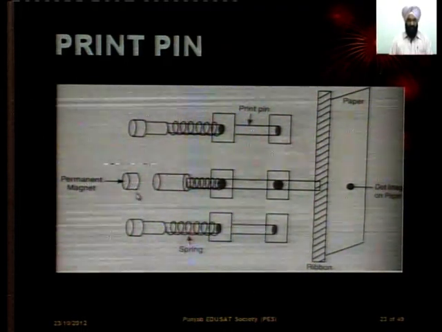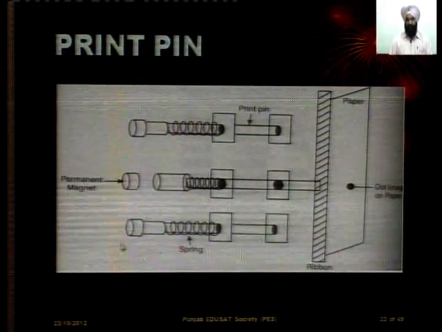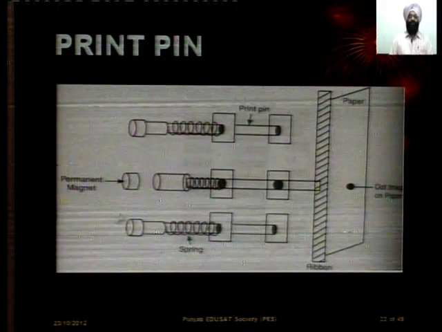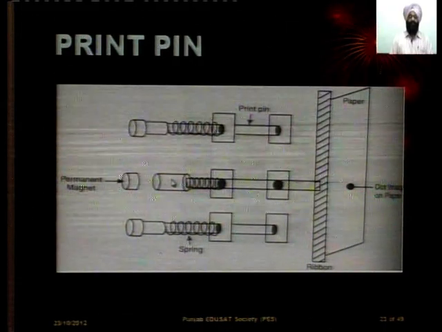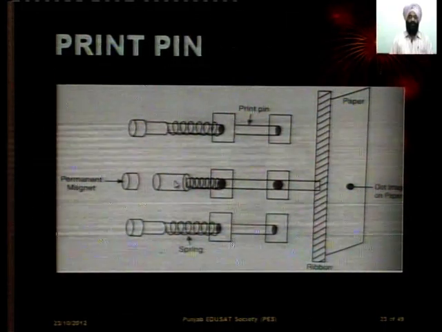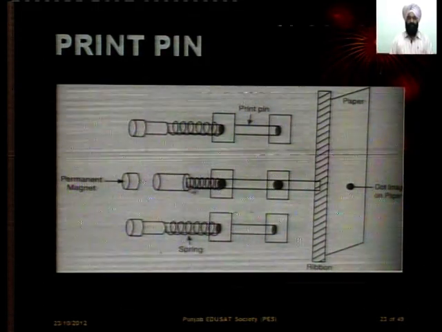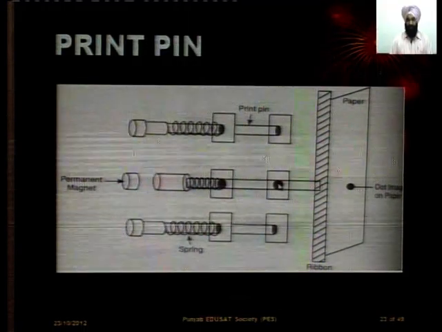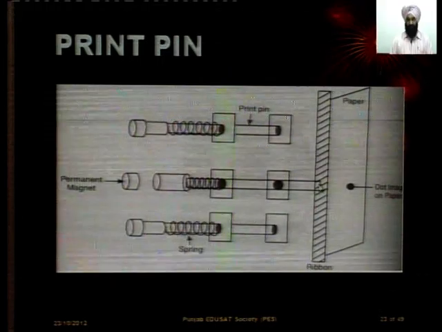This is how the print pin works. This is the permanent magnet and this is the electromagnet. When we apply some voltage to this electromagnet, it has some movement in the magnetic field, and this movement causes the movement of the spring, and with the movement of this spring, the print pin goes from this point to this point, which is the ribbon.